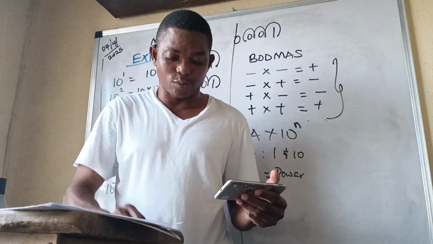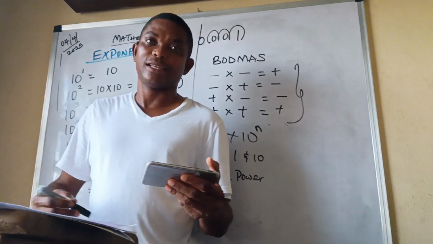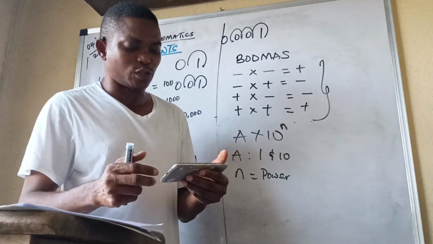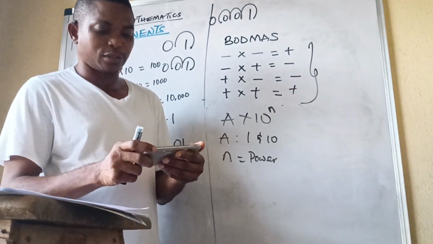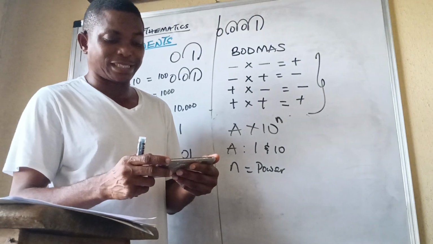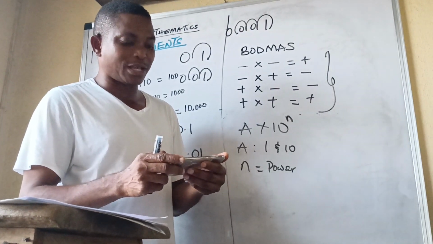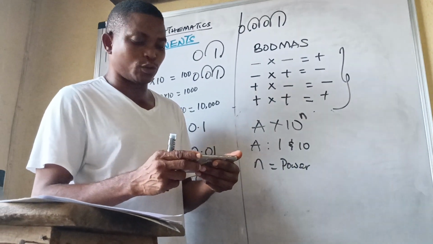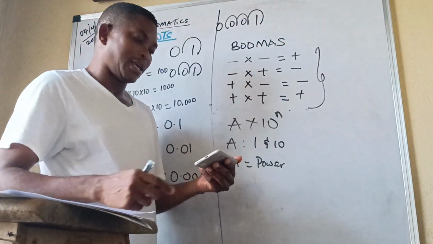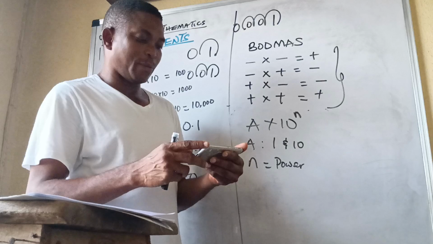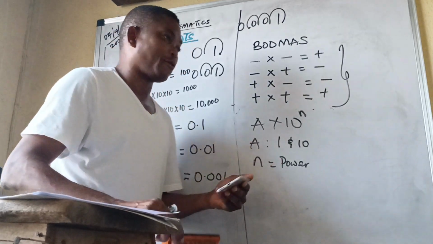It will make it quite easier and simpler as well. So that's what scientific notation is trying to tell us. A number in scientific notation is expressed as a product of a number between 1 and 10 and a power of 10.